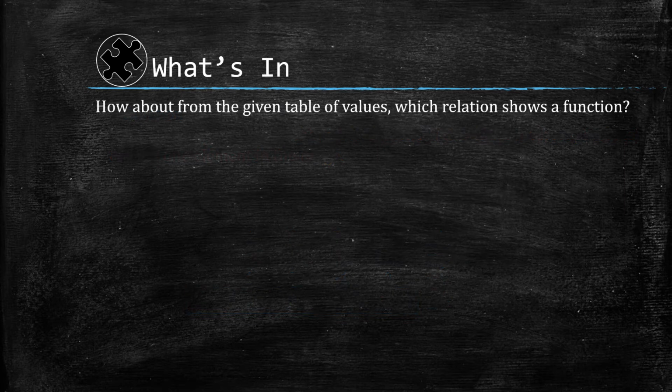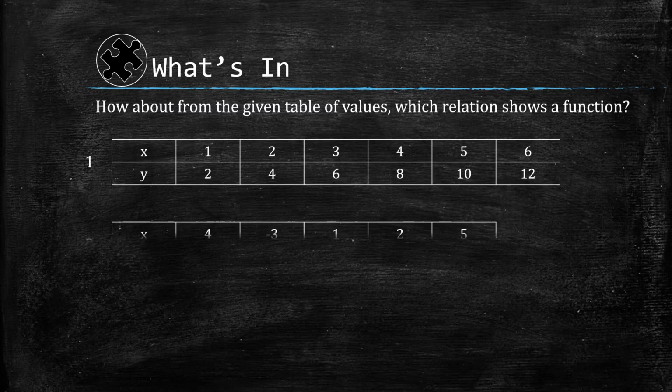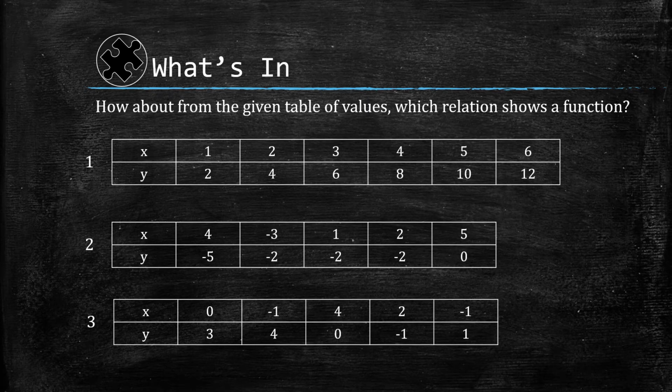Okay, so how about in a form of a table? From the given table of values, which relation shows a function? Look at these tables, class. You have x, y. First, we have this, that is a function. Look at your domain: 1, 2, 3, 4, 5, 6, and each has a unique partner in y.